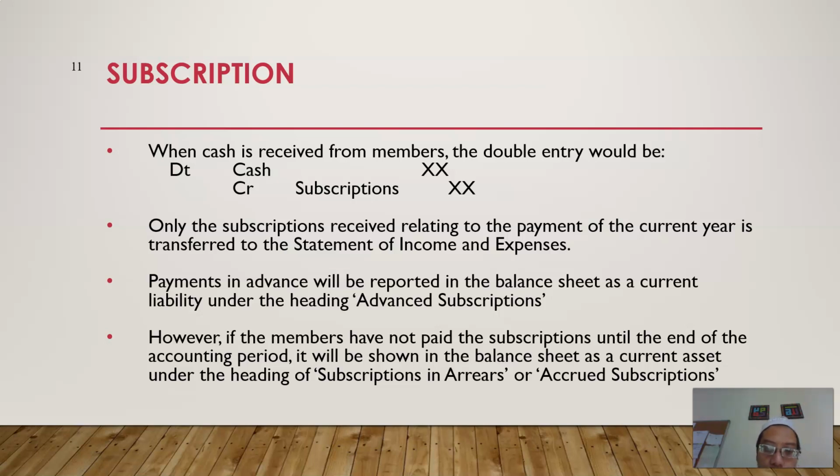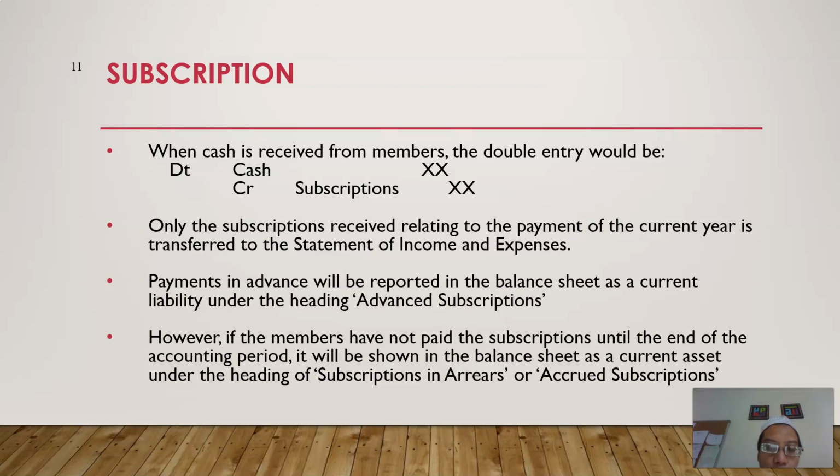However, if the members have not paid the subscription until the end of the accounting period, it will be shown in the balance sheet as a current asset. If there are members that have not yet paid the subscription for the current period, we still need to recognize it as a current period revenue. But because we do not receive it in cash, we are expecting to receive it in cash in later times.